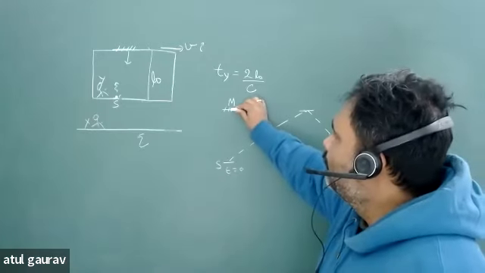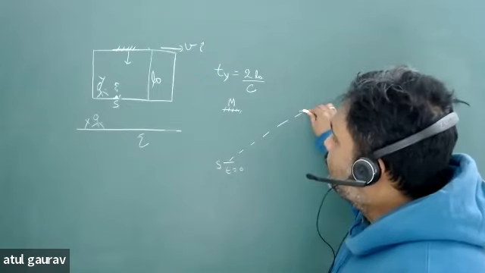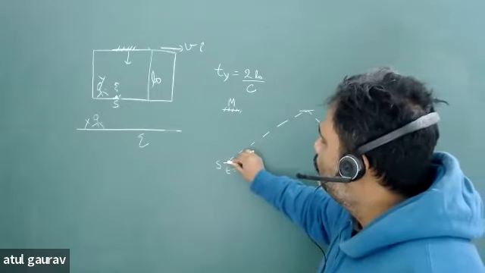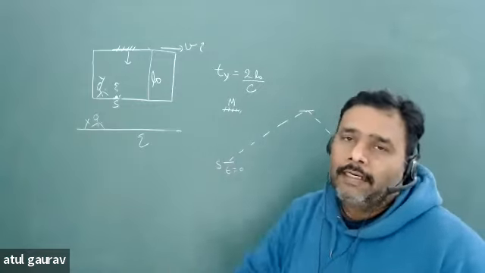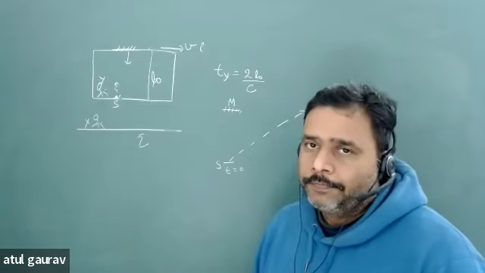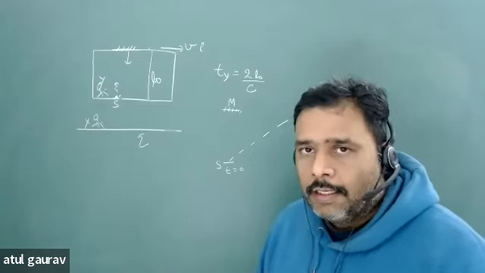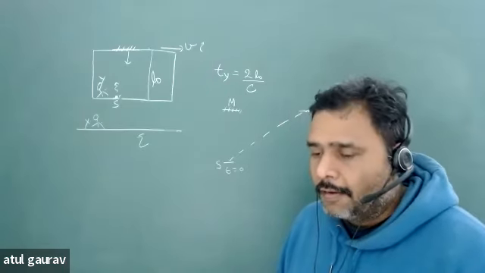In the time when the mirror moves from this point to this point, in the same time the light pulse will move from here to here. Then only this light pulse is going to collide with the mirror. Otherwise, it is not going to collide. Everyone is comfortable?